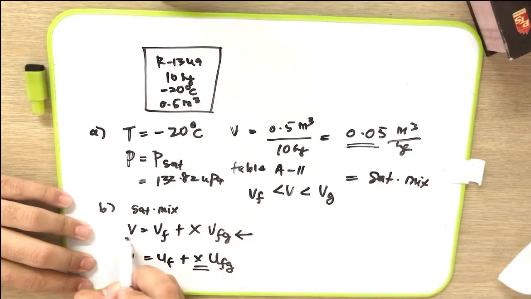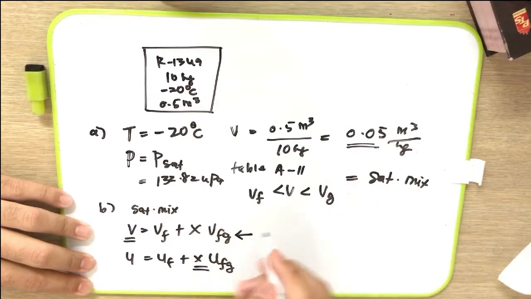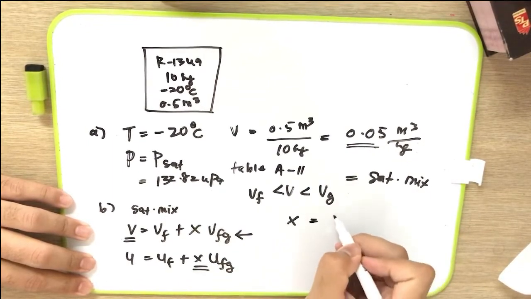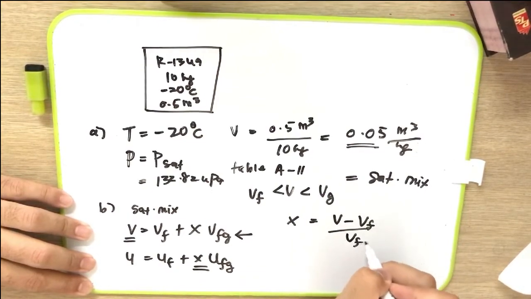So we already know the V is 0.05. So how to find X? We just rearrange the equation until we get this, V minus Vf over Vfg.